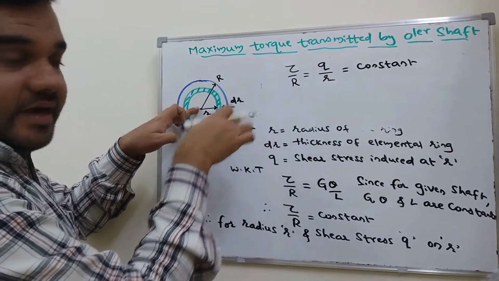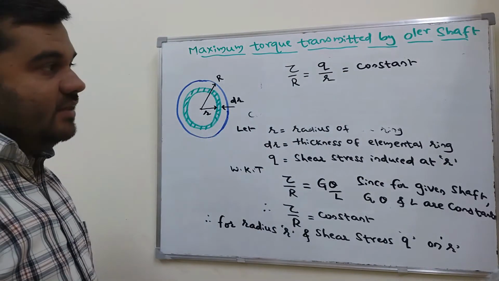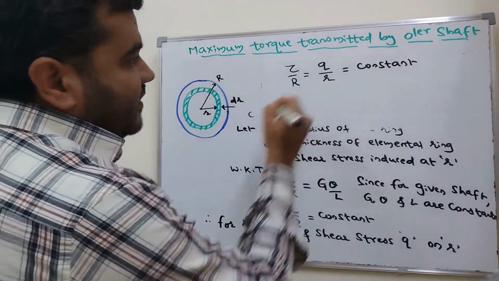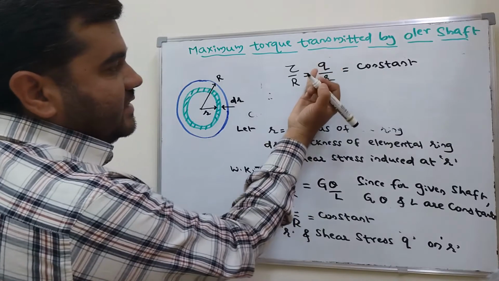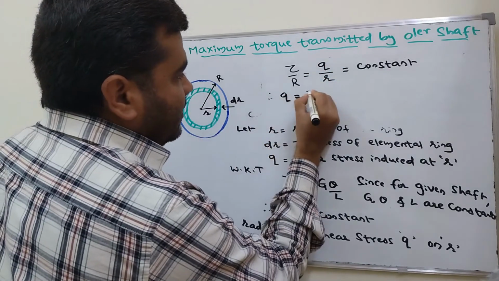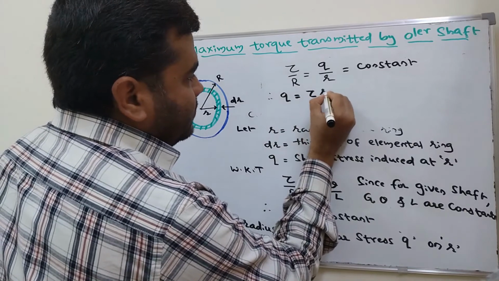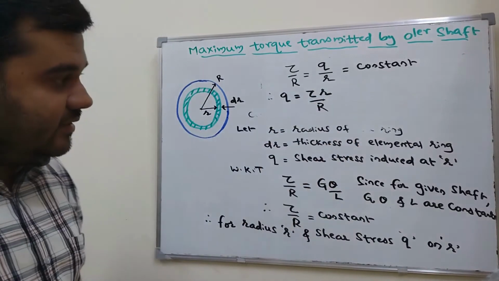So from this, the shear stress at the elemental ring, q, equals the maximum shear stress times the radius of the elemental ring divided by R.